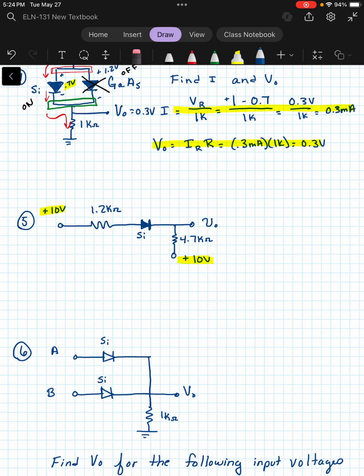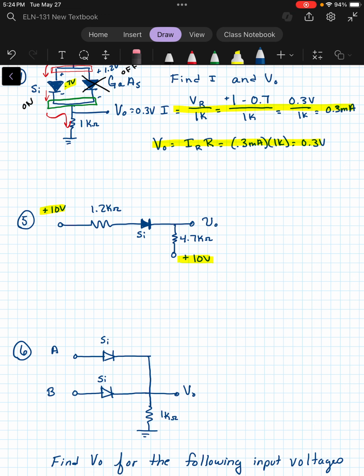Now, the issue we have is that since we start out with positive 10 volts, and down here we have positive 10 volts, there's no voltage difference between those 2 points. And we need to have at least 0.7 volts here. Since we don't have that, this silicon diode is off.